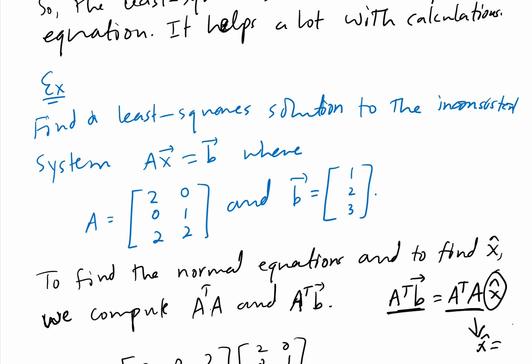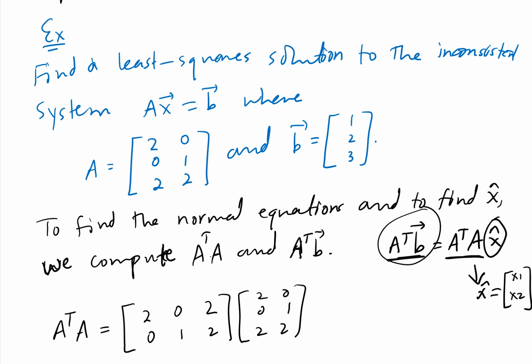What is x hat here? It's going to be a vector in this form, x1, x2. So to find x1, x2, let's see what we need to do. Again, we need to find A transpose A. So A transpose, you just take A and make rows columns, columns rows. That's what I did. And A stays as is.